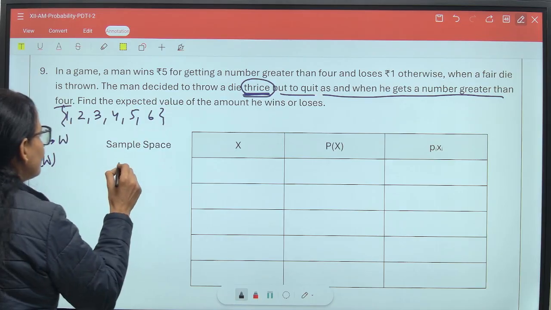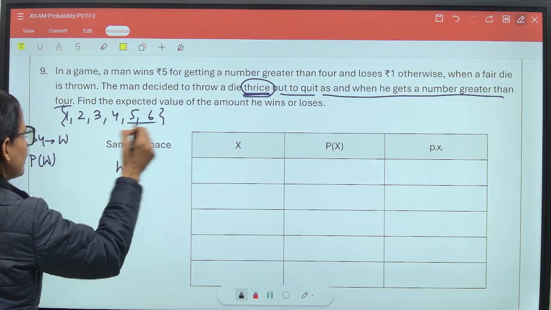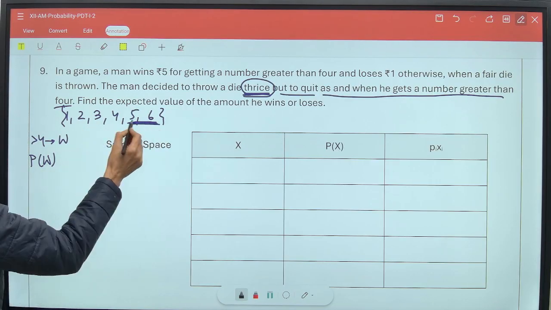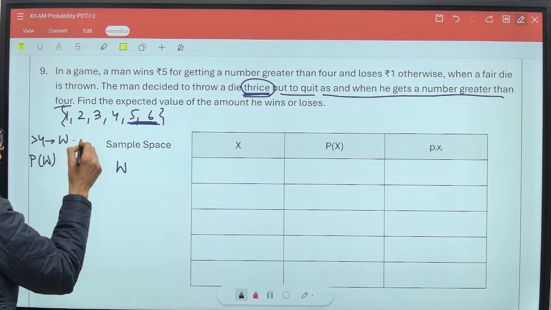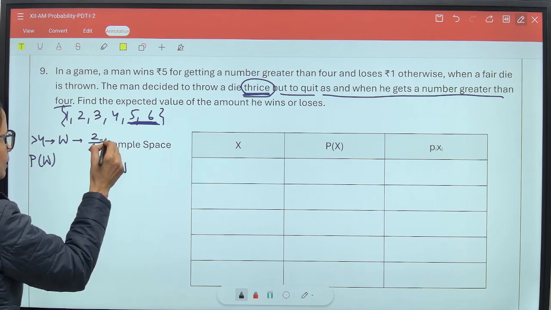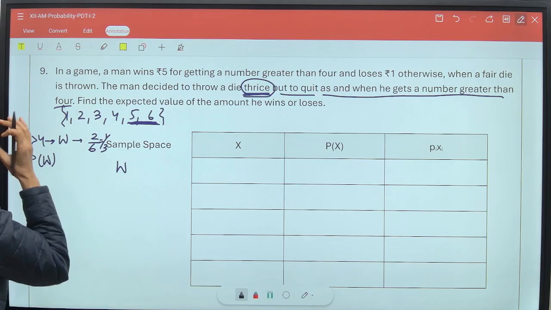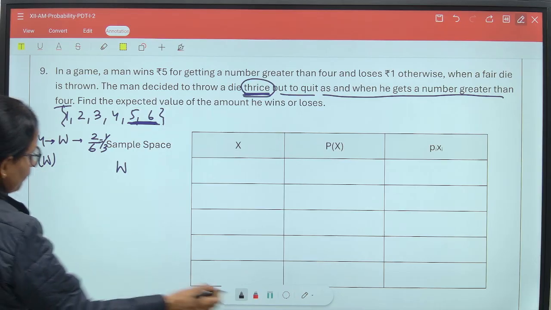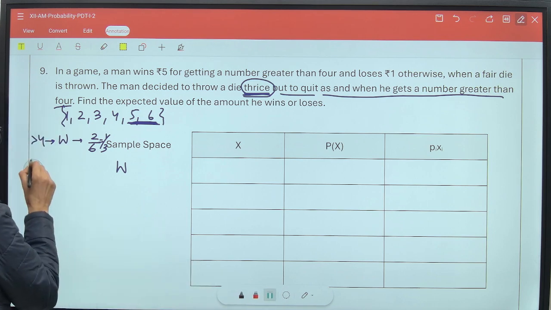So if he wins in the first go, what is the probability of getting a number greater than 4? The favorable outcomes are 5 and 6. So the probability of getting a number greater than 4 is 2 out of 6, which is 1/3. Probability of not getting a number greater than 4 is the probability of getting a number less than 4.